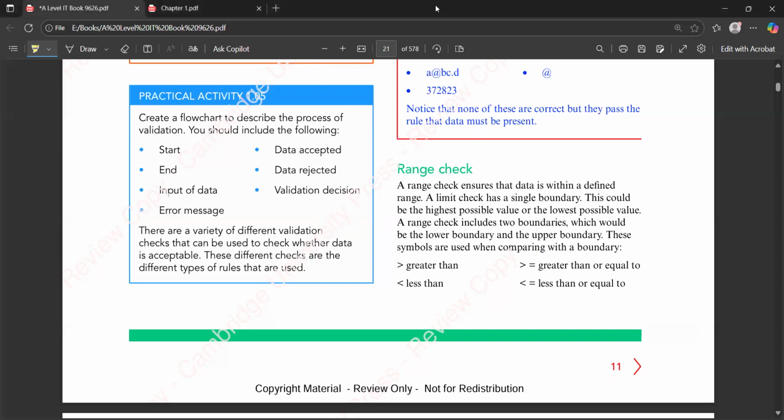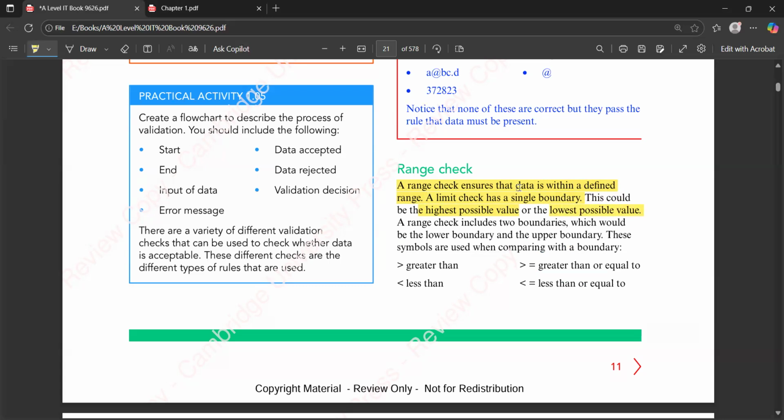So a range check is the one which ensures that your data is within a defined range, within a defined limit or not. You can use a range check that has some boundaries. This could be the highest possible value or the lowest possible value.